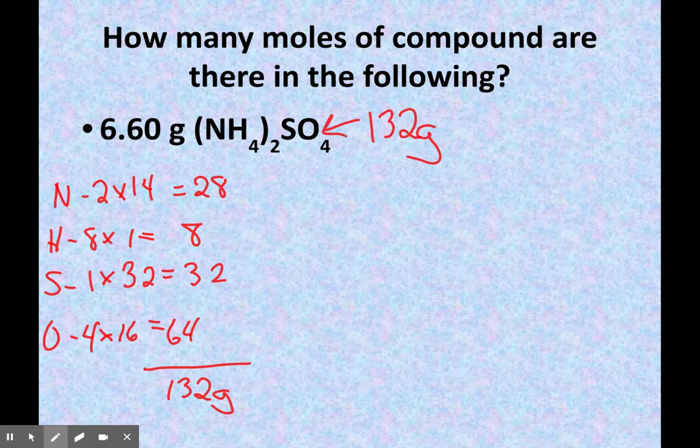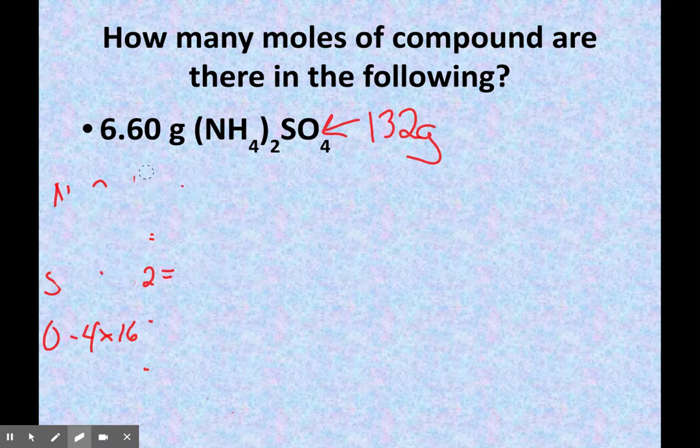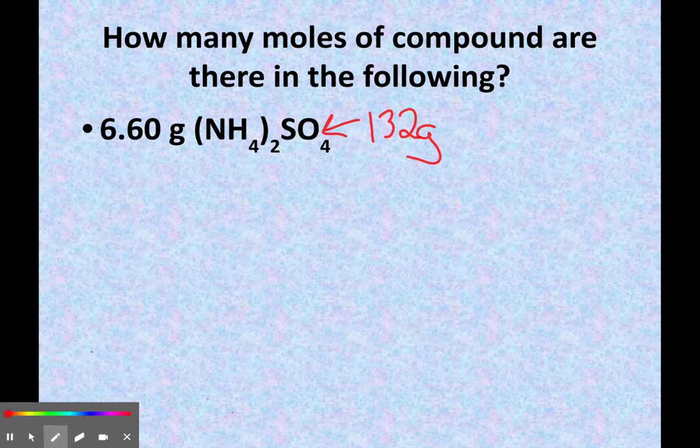But we want to know how many moles we have if we've got 6.60 grams. So I'm going to erase some of this to give us more room. We're going to start off with what they give us in the problem: 6.6 grams, and we're looking for moles.